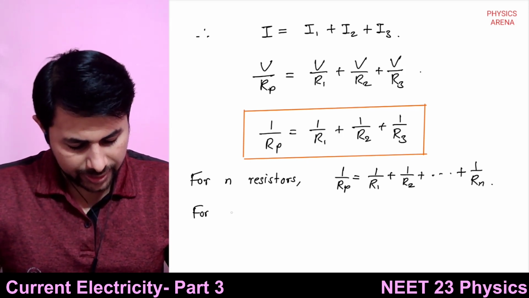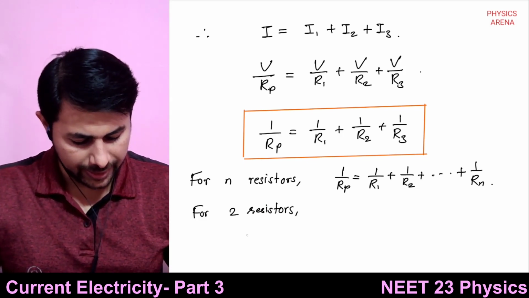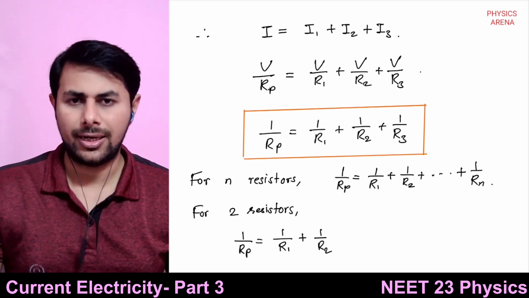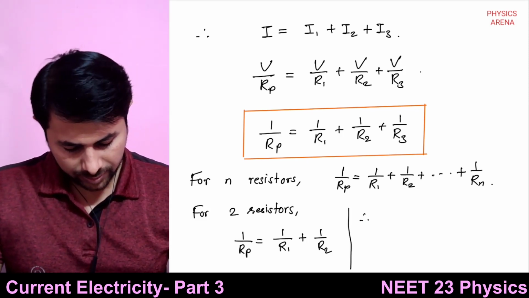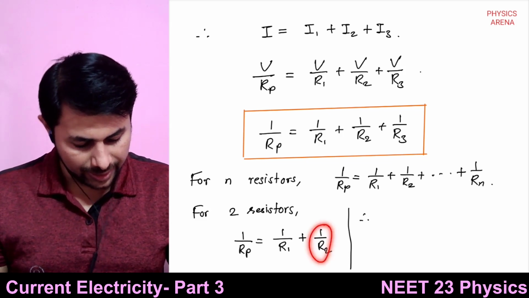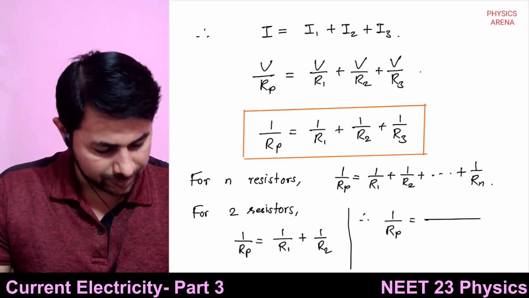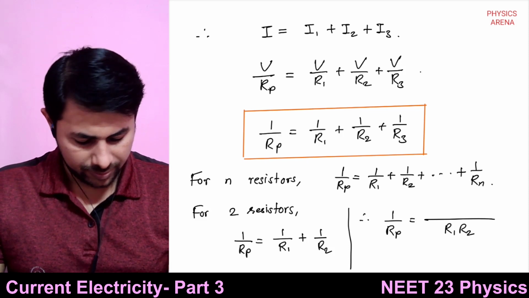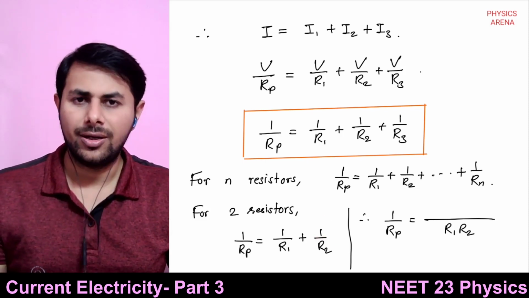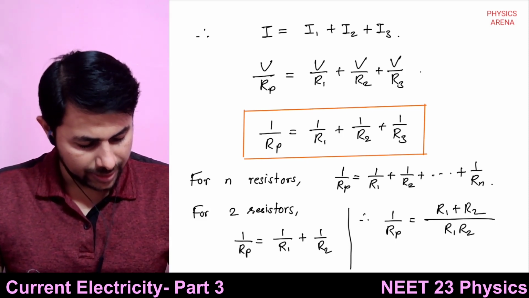So for two resistors, let's suppose R1 and R2, we can write 1 upon Rp is equal to 1 upon R1 plus 1 upon R2, and therefore now you can multiply the first term with R2, second term with R1, and you will get 1 upon Rp equals, in denominator R1 R2, and in numerator R2 plus R1, or R1 plus R2.